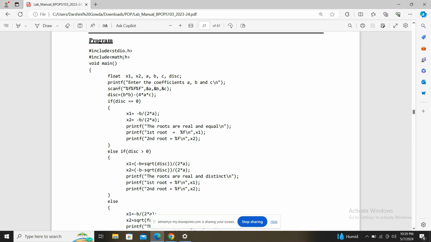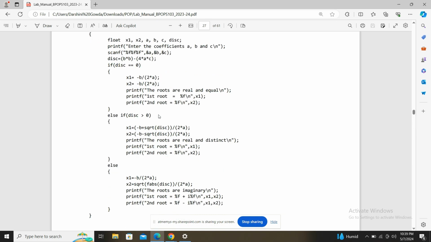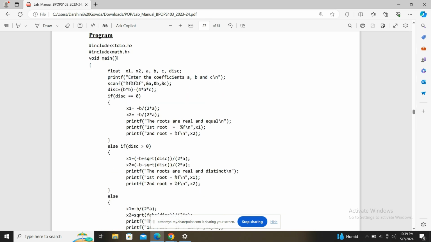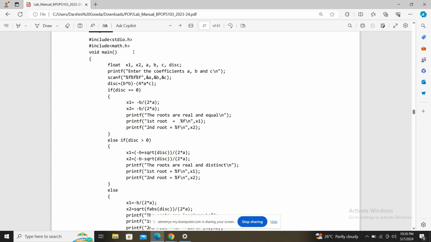We use math.h because we are using math functions. If we use a math function anywhere in the program, we should include the math.h header file. Then we start our program with void main. By opening the curly braces, we perform the variable declaration using the float data type.